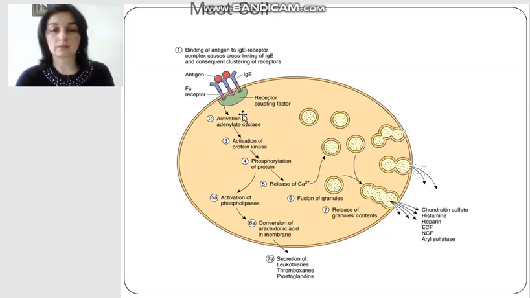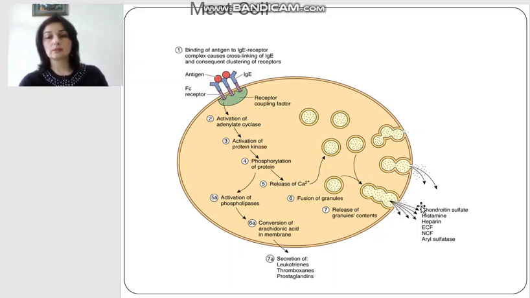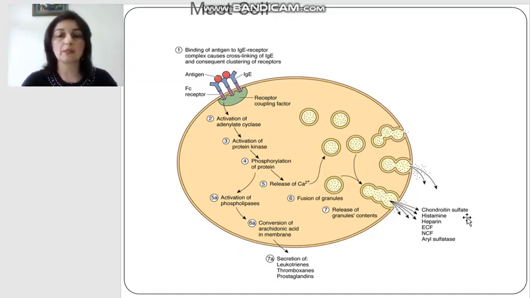When it activates, we will see that inside of this cell we have granules that contain primary mediators of inflammation. What are they? These are chondroitin sulfate, histamine, heparin, eosinophil chemotactic factor, neutrophil chemotactic factor, aryl sulfatases. These are primary mediators of inflammation.